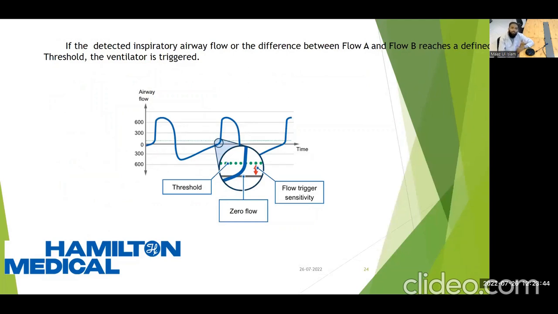In flow trigger, if the detected inspiratory airway flow, or the difference between flow A and flow B, reaches the defined threshold, the ventilator is triggered. In ventilators, we basically have three graphs. Number one is the flow time graph, number two is the pressure time graph, and number three is the volume time graph. So we can easily monitor them on the ventilator.